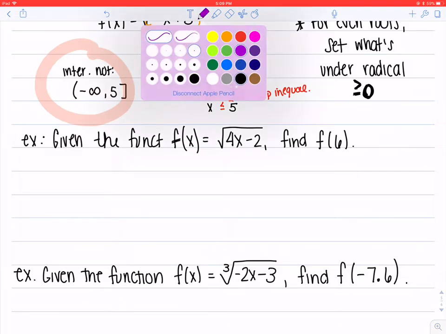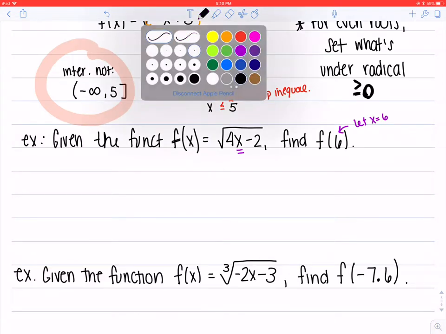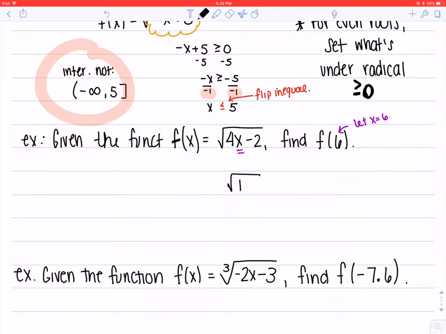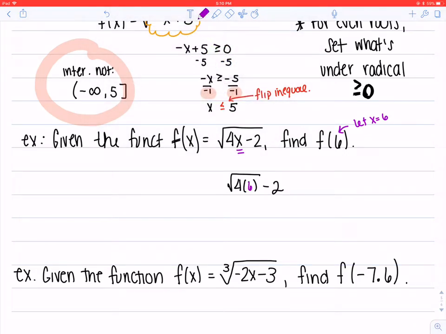Function notation just says you take whatever that is and let x equal that number. So in this case, let x equal 6. Everywhere there was an x, I'm going to replace it with 6. So I'll have the square root of 4 times x minus 2, but x is 6. So I'll have the square root of 4 times 6 is 24, minus 2 gives me 22.